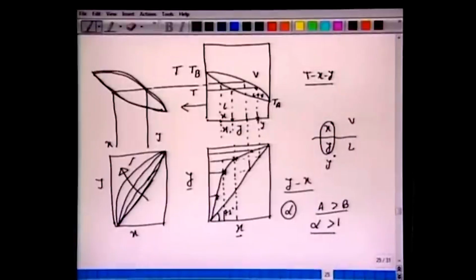Here what we have done is increase the relative volatility. Further away you are from the 45-degree line, we have Y much larger than Y1, greater than Y2, greater than Y3 for the same X. So we have plotted the YX diagram for different relative volatility.